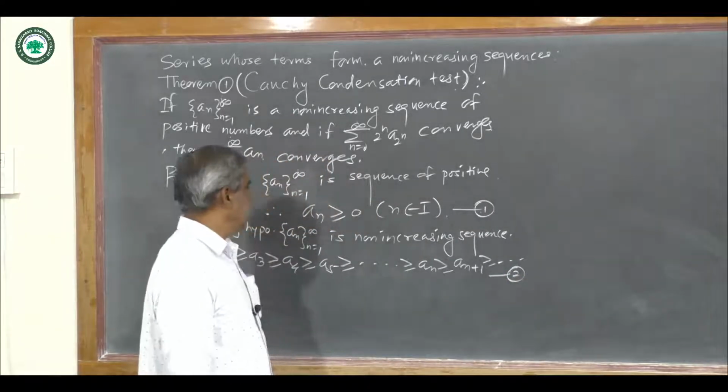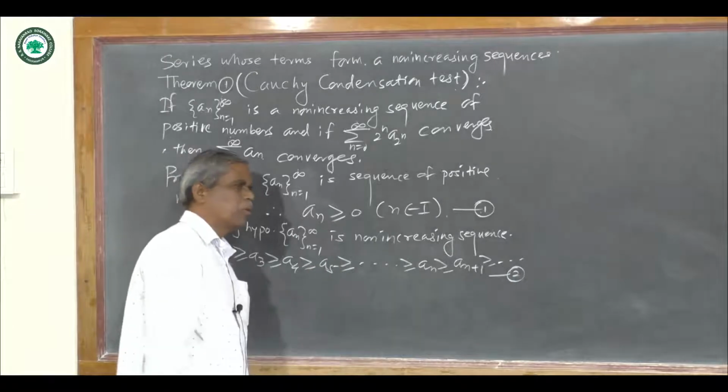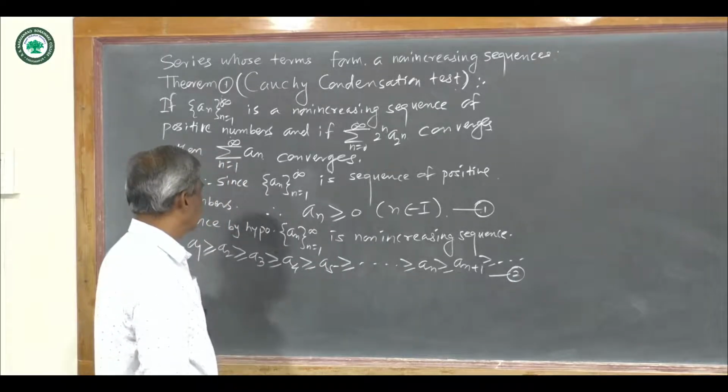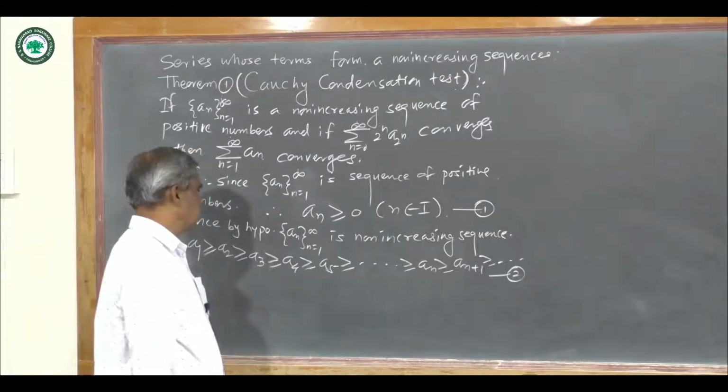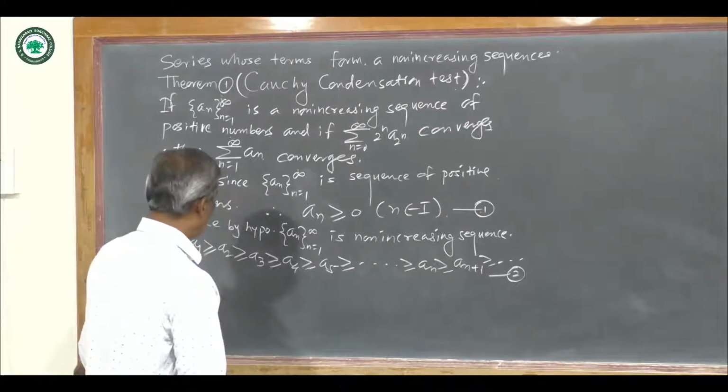Therefore, we obtain a1 greater than or equal to a2, a2 greater than or equal to a3, and so on. Call this relation 2.